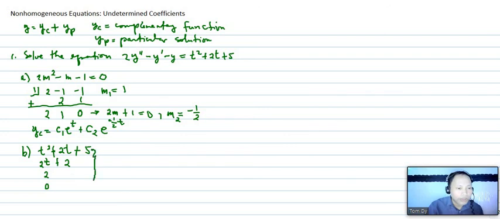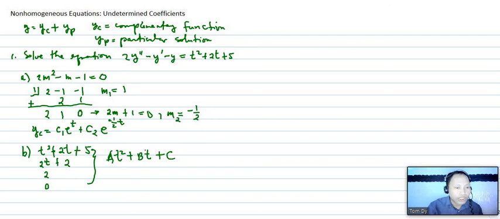Noticing this, we form undetermined coefficients: a times t squared plus b times t plus c. For t squared we have a, for 2t we have bt, and for the constant 5 we have c. These are undetermined coefficients.